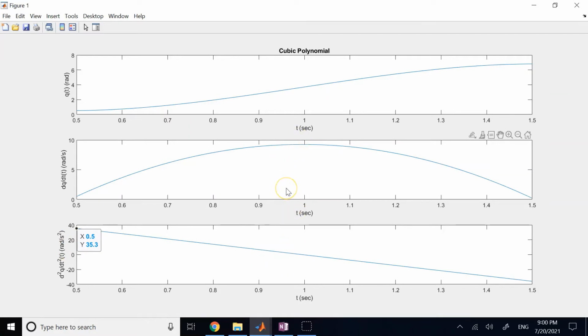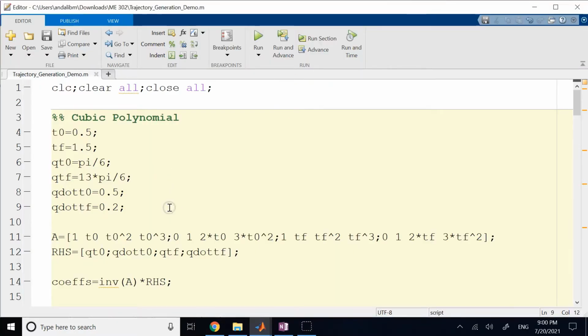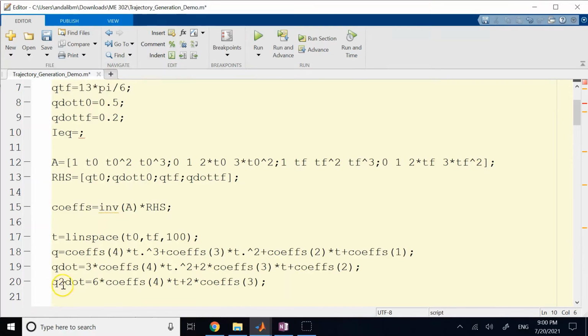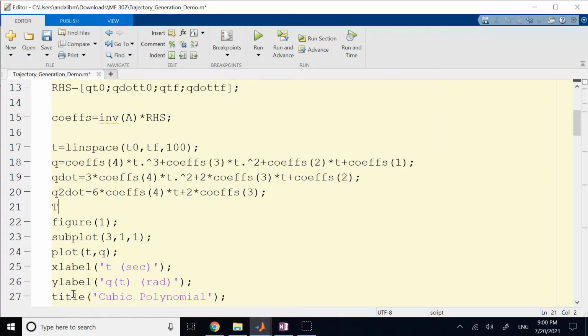If you want, you can have a fourth plot, really, and you can consider some I equivalent, right? So we come up with a number, then we multiply our Q2 dot by some I and call it torque. So torque is I equivalent times Q2 dot.